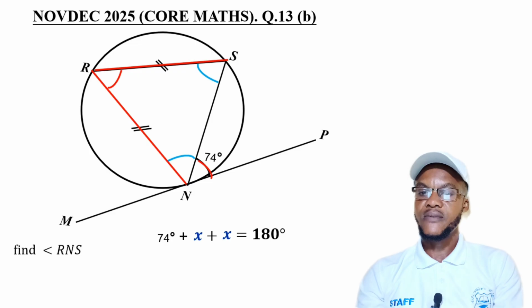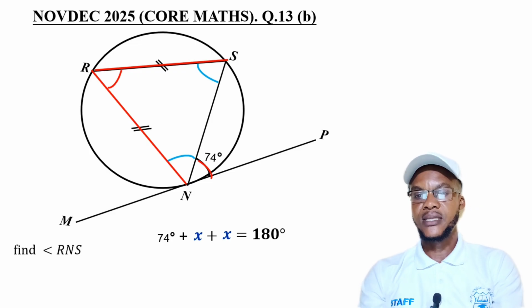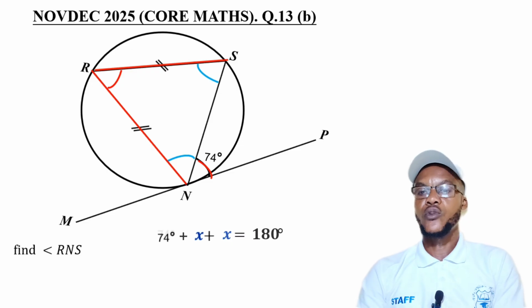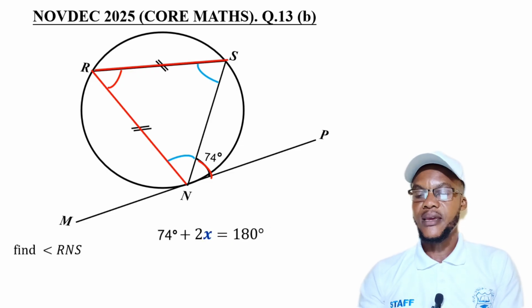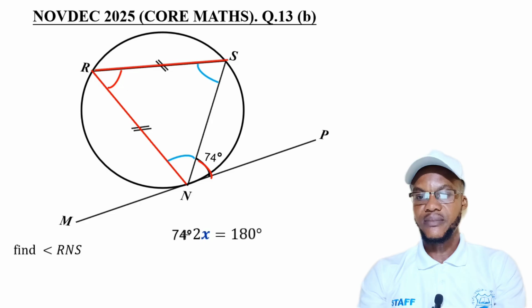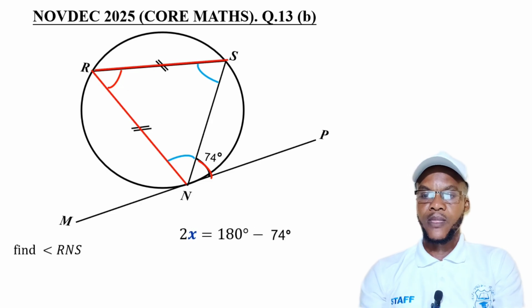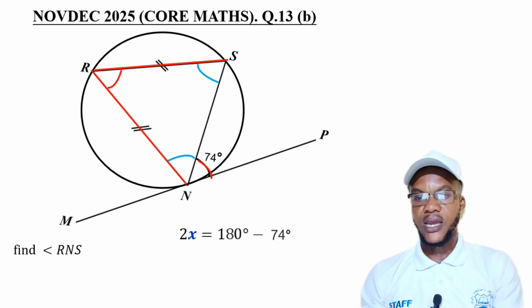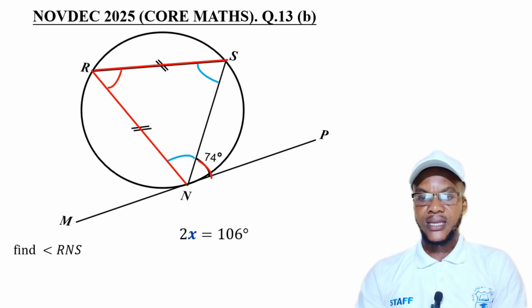So 74 degrees plus 2x is equal to 180 degrees. We do our simplification and group like terms, then we get 2x is equal to 106 degrees.